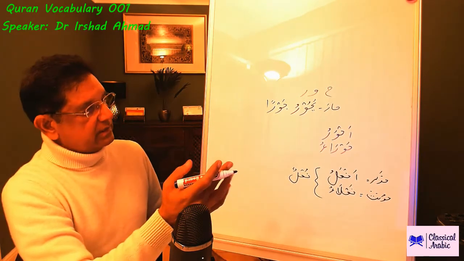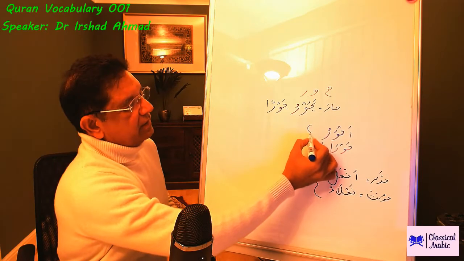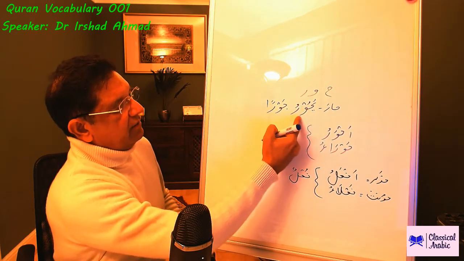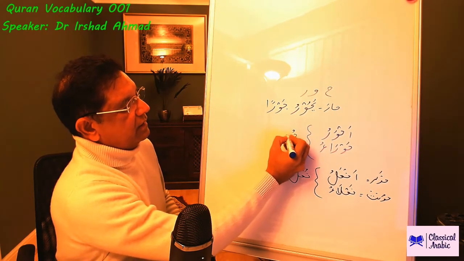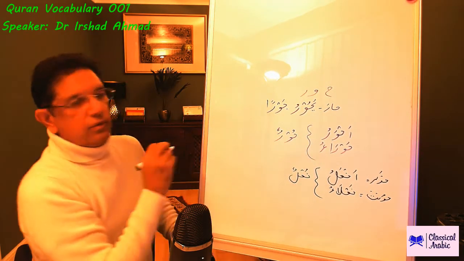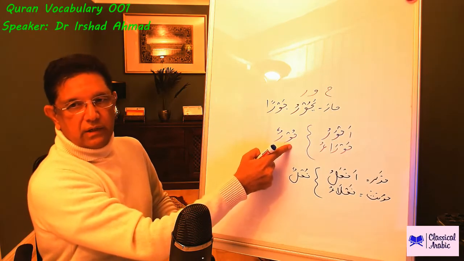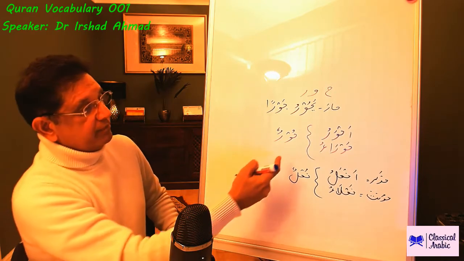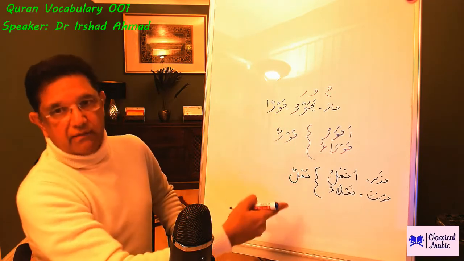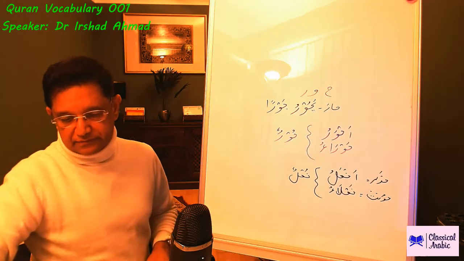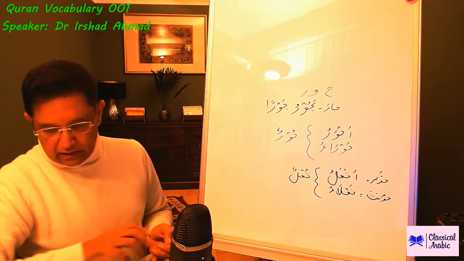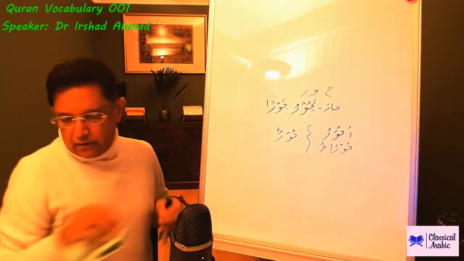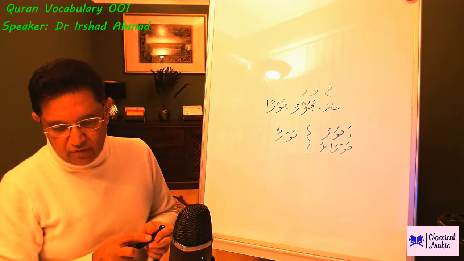And the plural of both of these on this pattern, which is fu'lun, hawaro, hurun. So hurun means a lot of men with beautiful eyes, a lot of women with beautiful eyes, but that may also mean a group of a lot of men and women with beautiful eyes. And there is a Quranic ayah which is وَزَوَّجْنَاهُمْ بِهُورٍ إِينٍ.